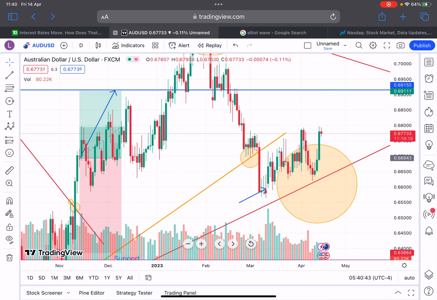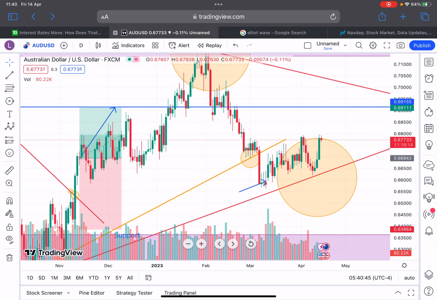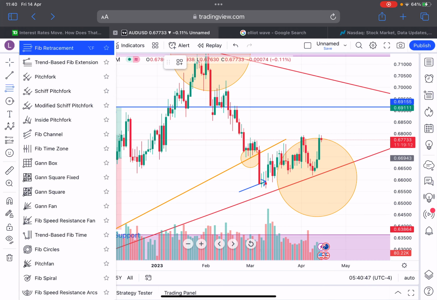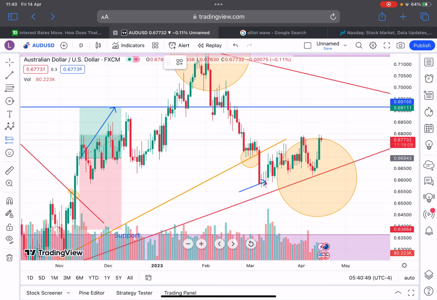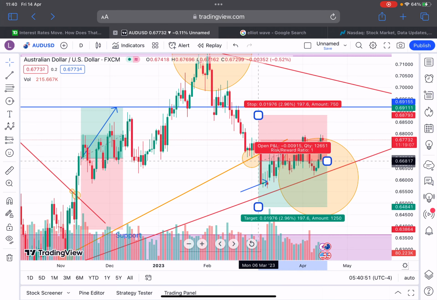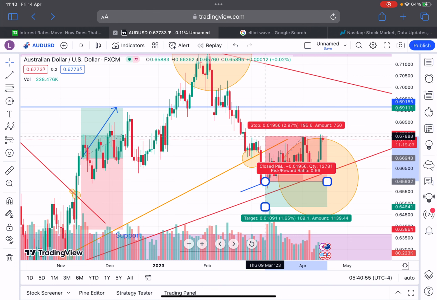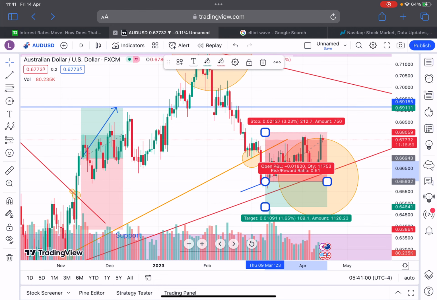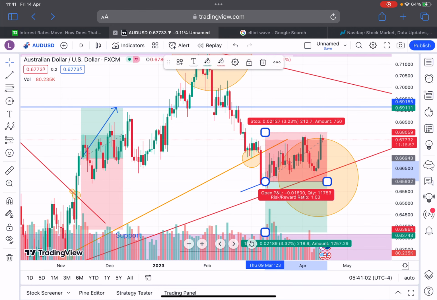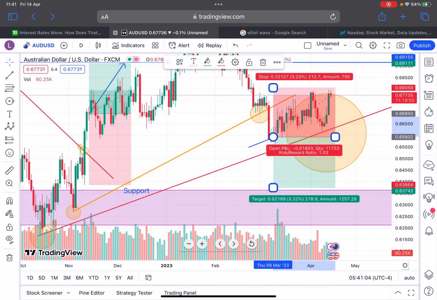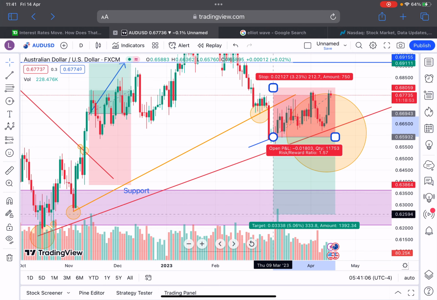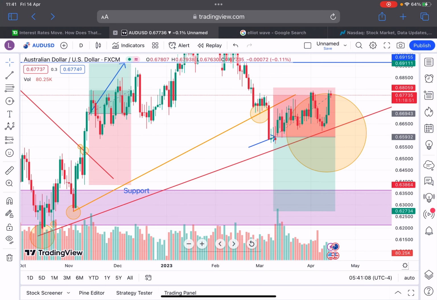So we are expecting this trend to go up, so this is where we entered, and our stop loss should have been here, and our take profit is going to be our touch 1.